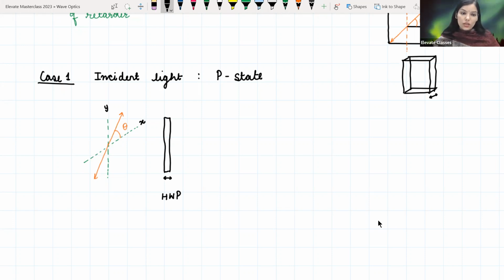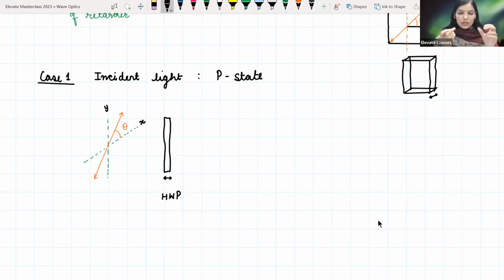So I will introduce a phase difference of pi between these two components. One component is along x, which will propagate inside the half wave plate like an E wave. So it will move faster, and the other component is oriented along the y direction, which is perpendicular to the optic axis. So it will behave like an ordinary ray, and it will move slightly slower because it's a uniaxial, negative uniaxial crystal right now.